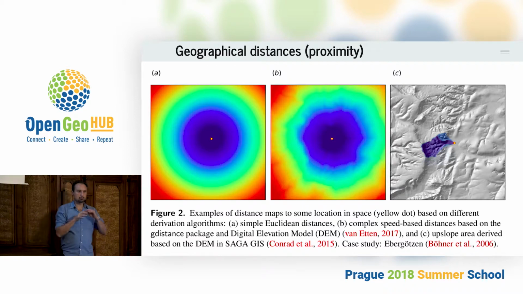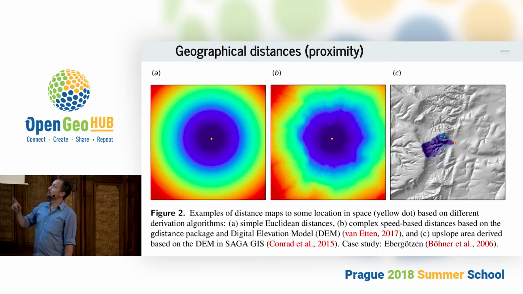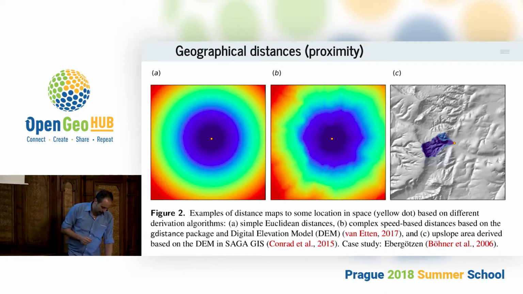And if you have an area which is just like the Netherlands, with a nice bicycle, you go very far. So you can calculate these more complex distances. And then also, there's a couple of algorithms where you can derive watershed distances. So you calculate the upslope distance, downslope distance. So you can calculate very complex distances. And so I started playing with all these things.